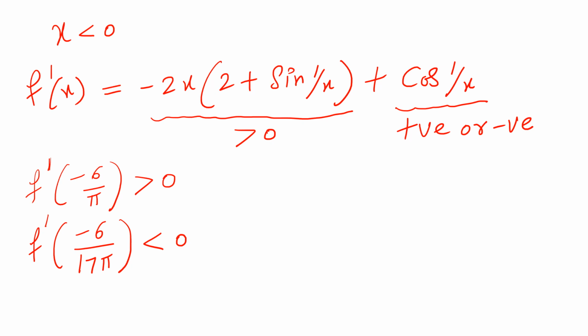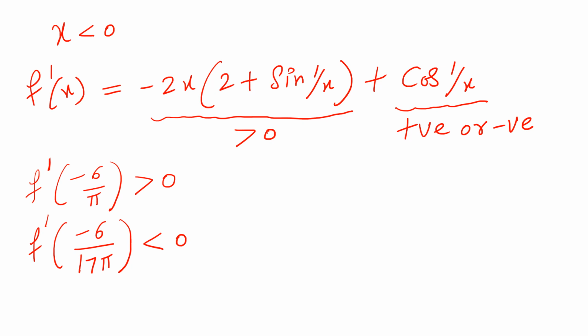So from this we can conclude that in any open interval minus delta comma 0, the sign of f dash x does not remain the same. It keeps on changing. That means in any open interval minus delta comma 0, f of x is not increasing. Now students, you can also understand it in this way.